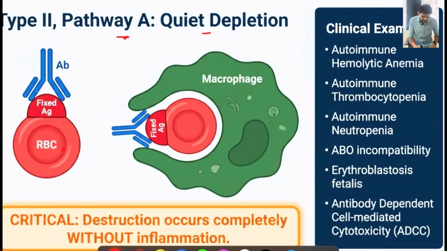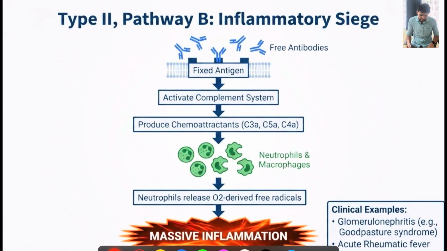That's what we have discussed. RBC will be there. Over that there is a fixed antigen. So the antibody will come and opsonize it, leading to the abduction of the entire molecule towards macrophages, mainly at the spleen, and leading to cell depletion. So this destruction is occurring without any inflammation, and these are the examples.